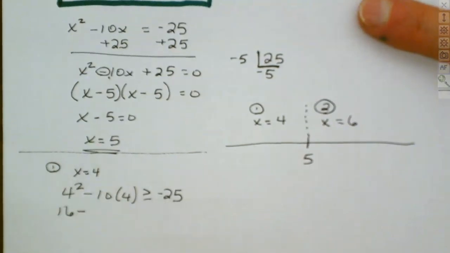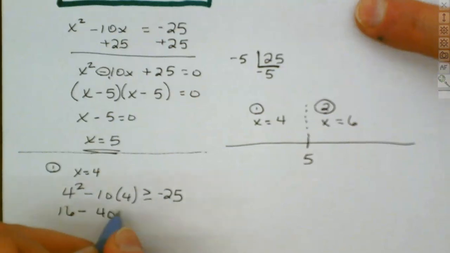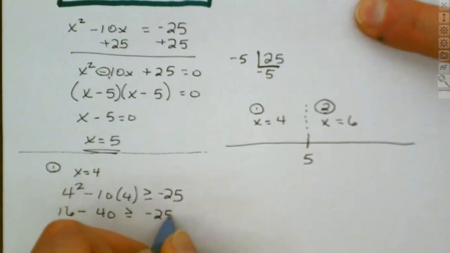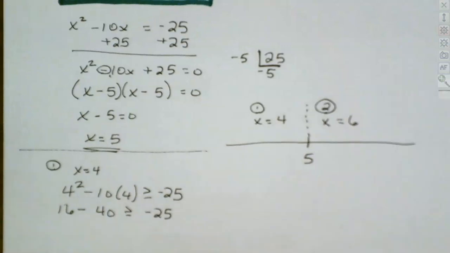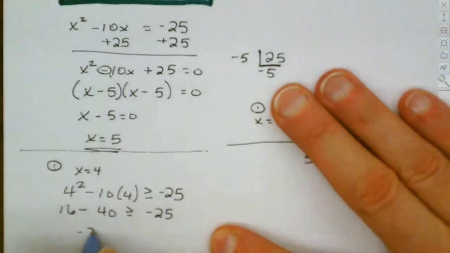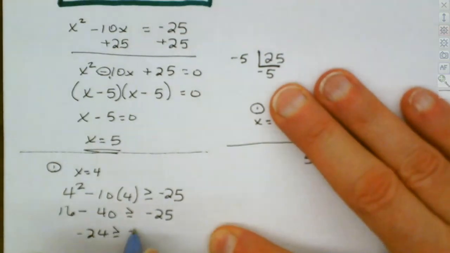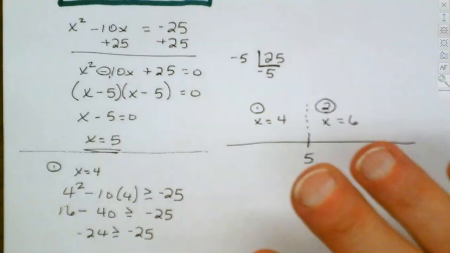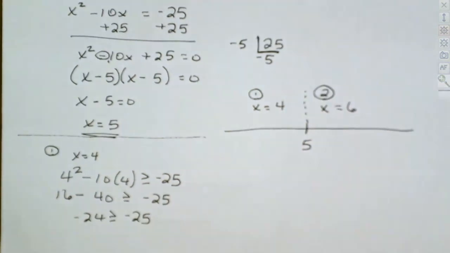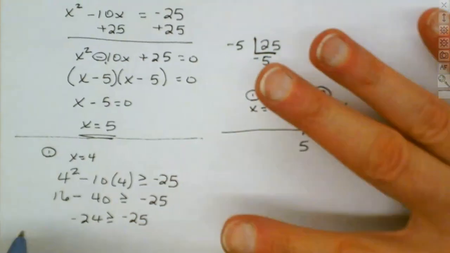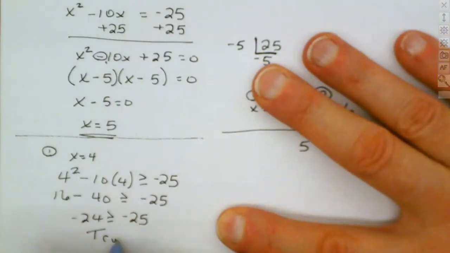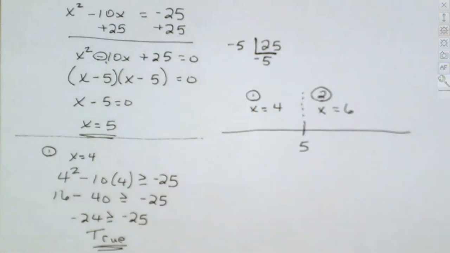A minus 10 times 4, that's a minus 40. And positive 16 minus 40 makes it a minus 24. And is minus 24 bigger than a negative 25? Yes, it is. Okay, watch your signs. Make sure you're careful. That would make that side true.